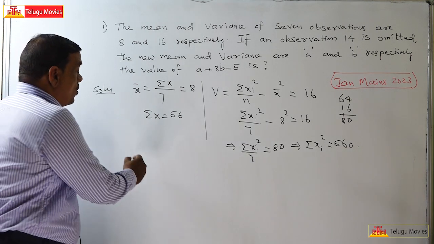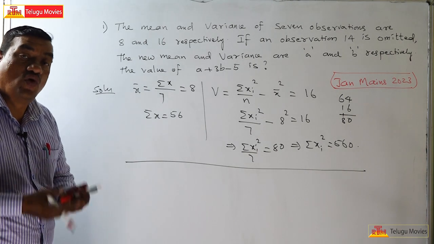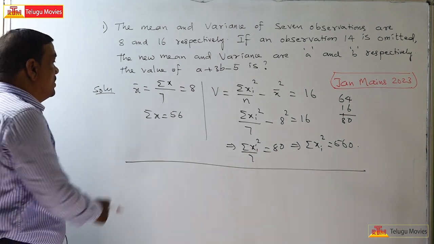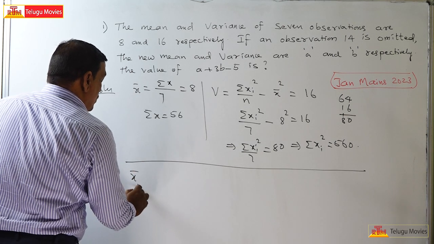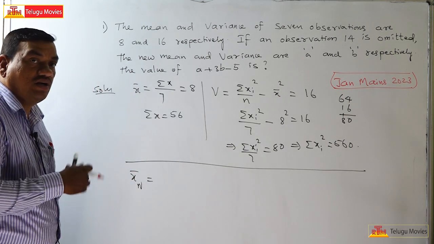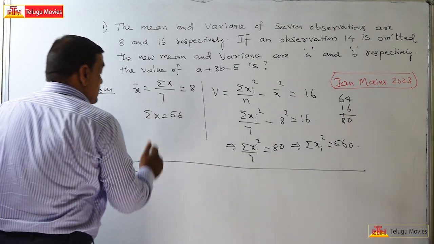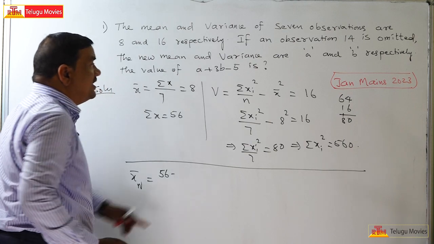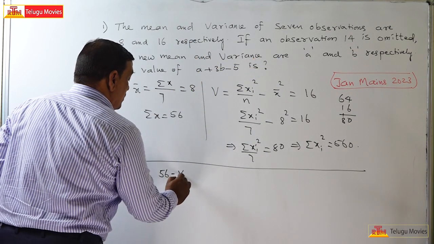Now coming to after removing, after the observation 14 is removed, what happens? New mean is equal to the sum of the observations minus 14. Why?